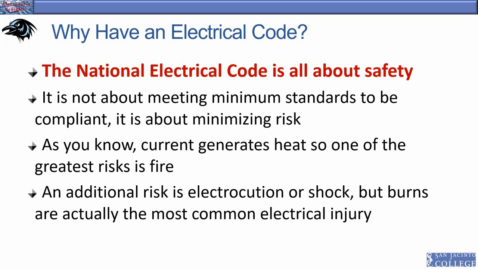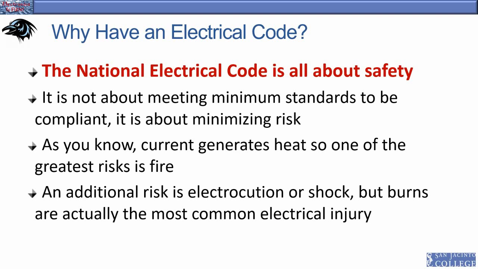One of the things that most people think about when they think about electricity is the risk of electrical shock, and that certainly is a risk. But the biggest risk is the heat that current generates. Heat creates fires. We all know that fires are dangerous. You can burn yourself, you can burn your house down, you can burn your building down. So one of the things the National Electric Code tries to do is minimize the amount of heat that's generated in an electrical installation.